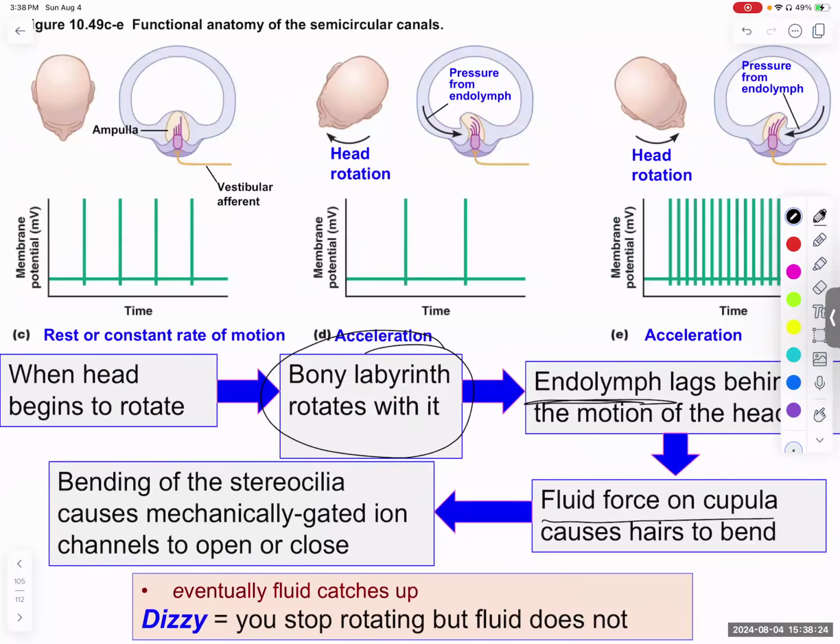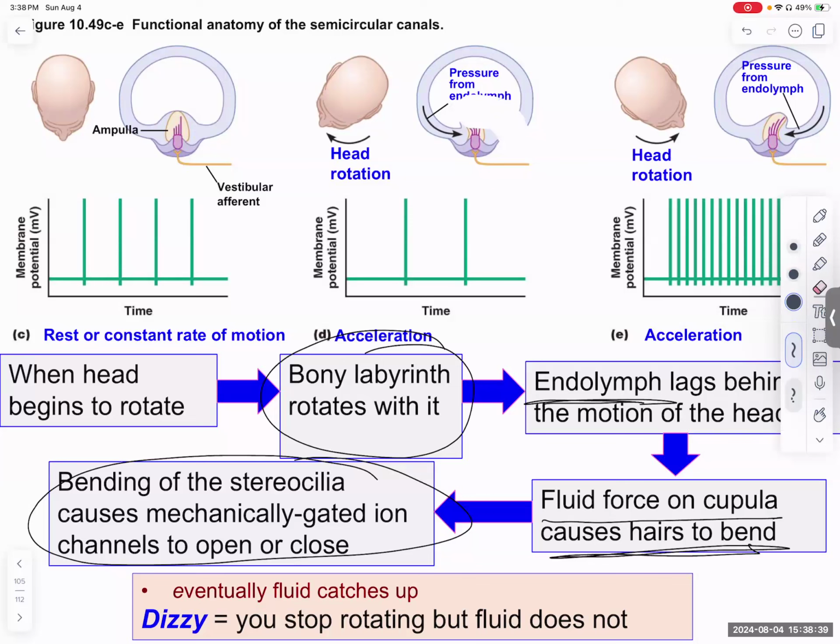And so fluid force on the cupula causes the hairs to bend, thus causing the mechanically gated potassium channels to open and cause depolarization. So you're rotating your head, and it's moving these little hair receptors. And every time they're bending, they're keeping their potassium channels open, and it's going to depolarize and generate an action potential.